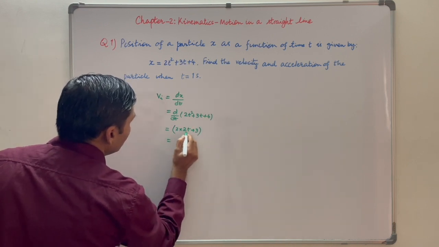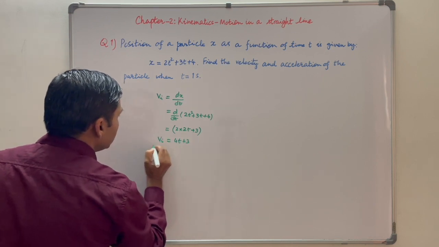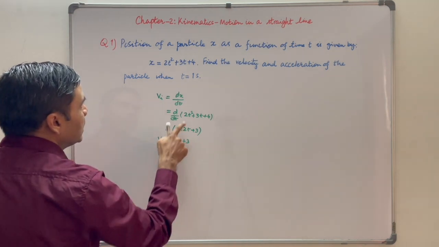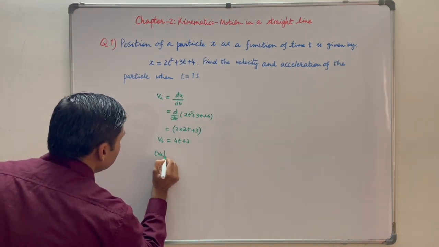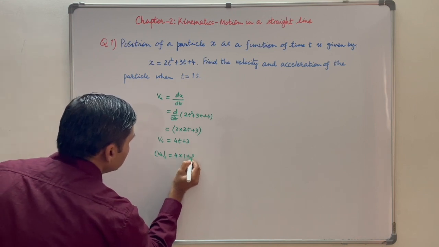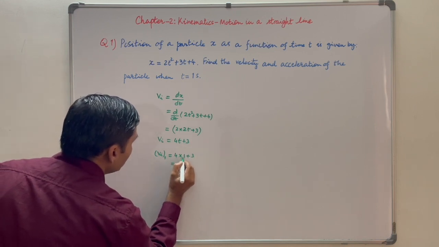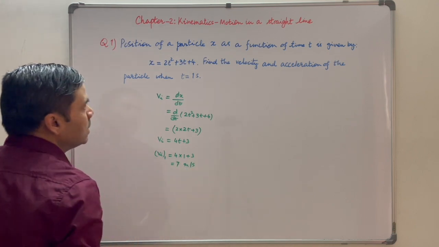That is equal to 4t + 3. So instantaneous velocity is 4t + 3. At time t = 1 second, instantaneous velocity at 1 second will be equal to 4 into 1 plus 3, that is 4 plus 3, means 7 meter per second.